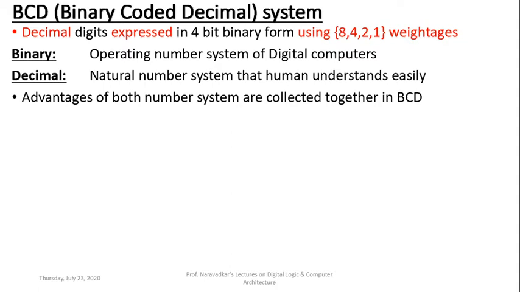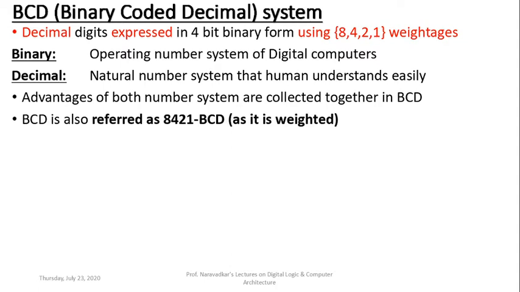So the advantages of both are collected together in this particular BCD code. This BCD number system is also referred to as 8421 BCD as it is a weighted code, because the weightages are added for the representation of the decimal number.